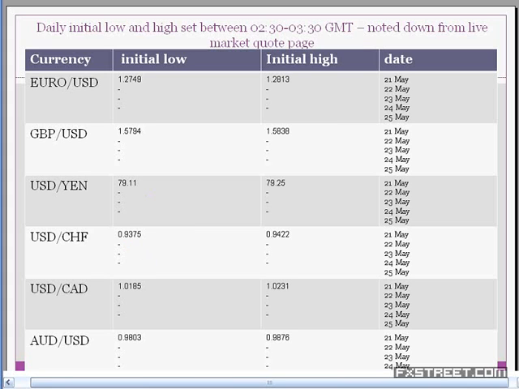Then USD CHF, 93.75 is the low. They have not breached it, and 94.22 is the high. That is also not breached. Then Canadian dollar, 1.0185 is the low, 1.0231 is the high, that is also not breached.